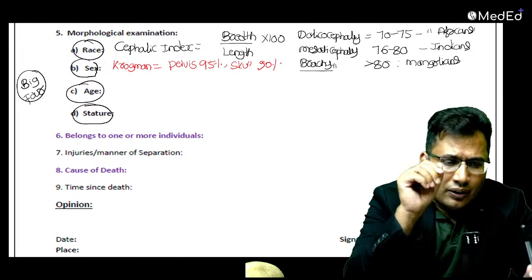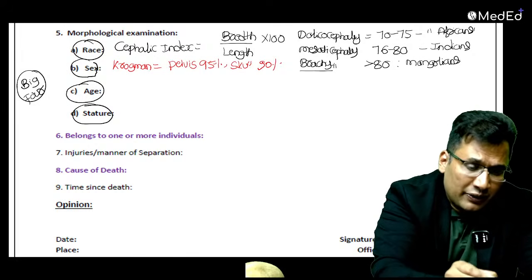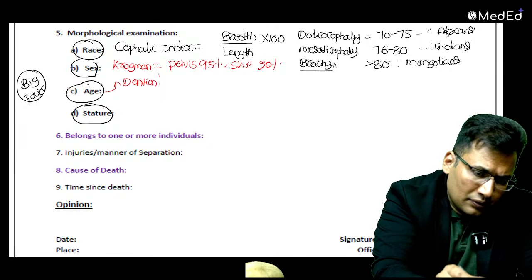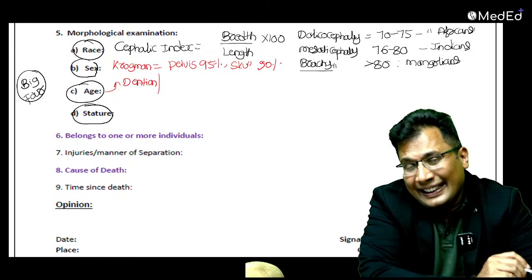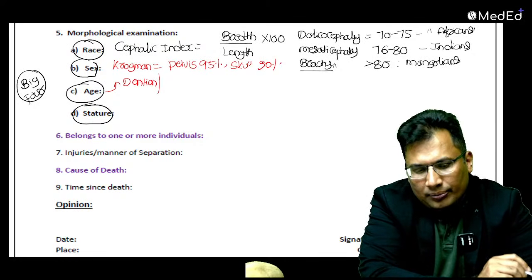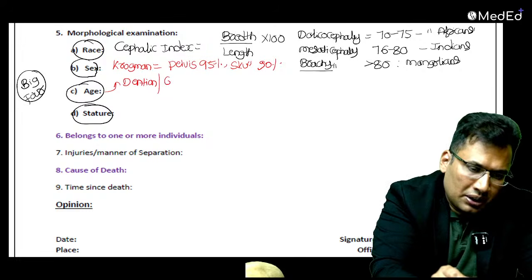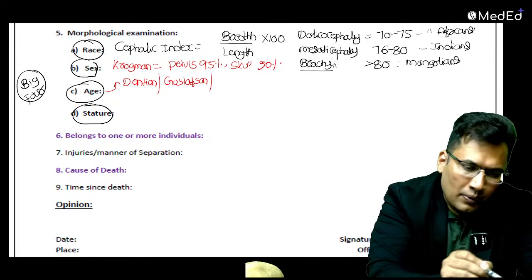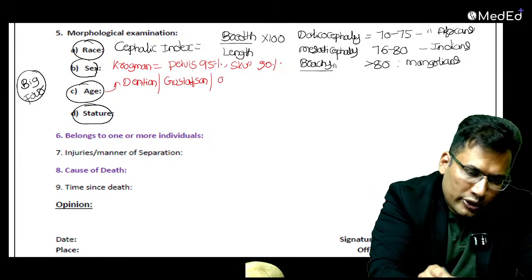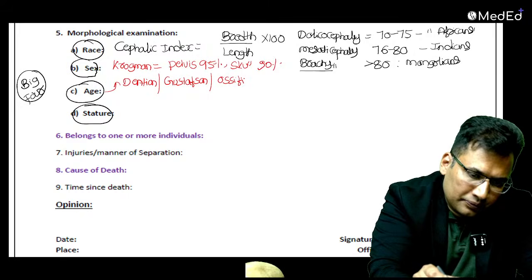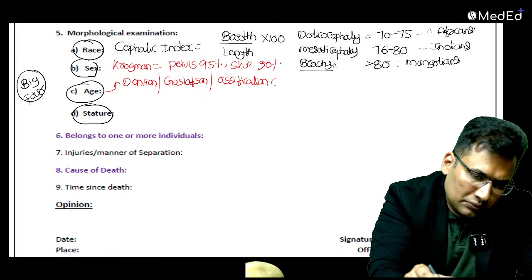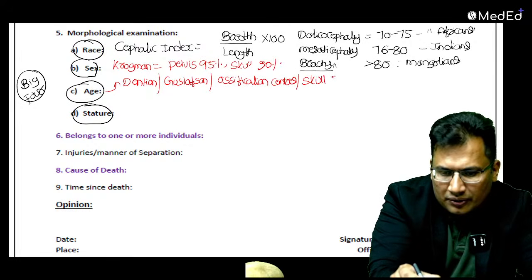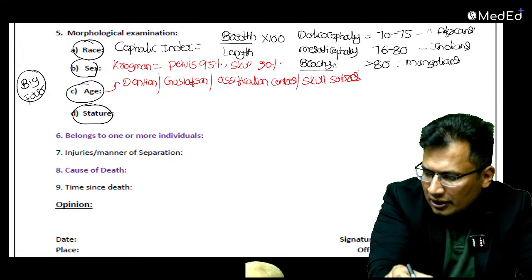Then comes the age. So age with the help of dentition, look at the appearance of the teeth, usually in a living person. Or Gustafson method. Or sometimes ossification centers. Skull sutures.